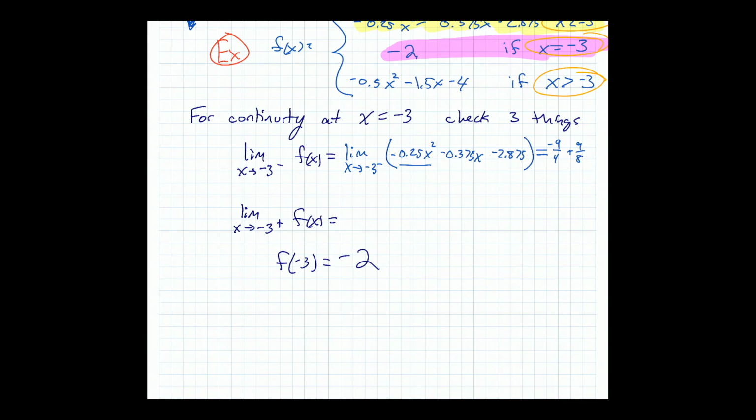And then minus 2.875. So I'm going to calculate this on my calculator here. I've got negative 9 over 4 plus 9 over 8 minus 2.875. So I do that, and I get negative 4. Okay? Yes, that is correct.